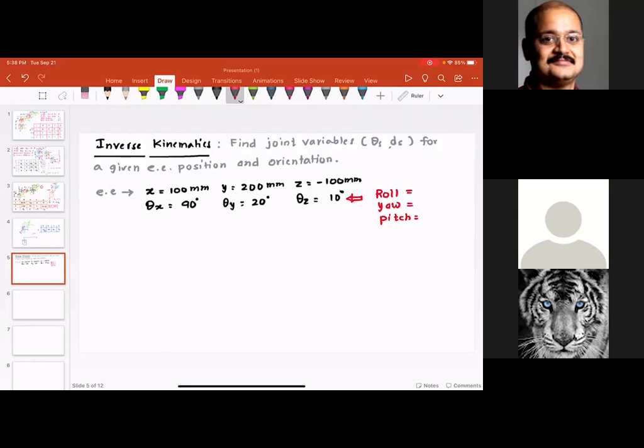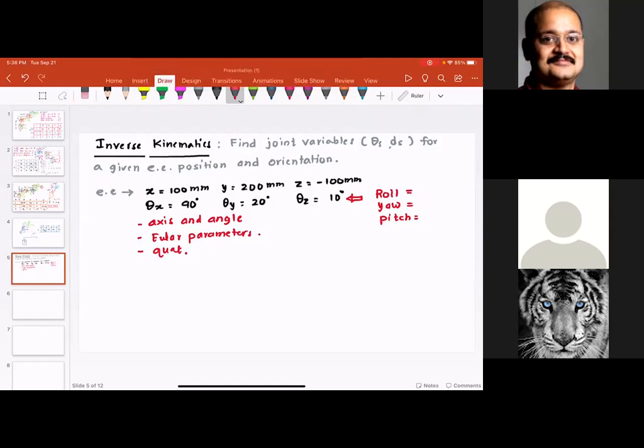Or sometimes they will give you something called the axis-angle, so they will give you a defined rotation in terms of axis and angle. Or they can give you the rotation in terms of Euler parameters. Or they can give you the rotation in terms of quaternions.